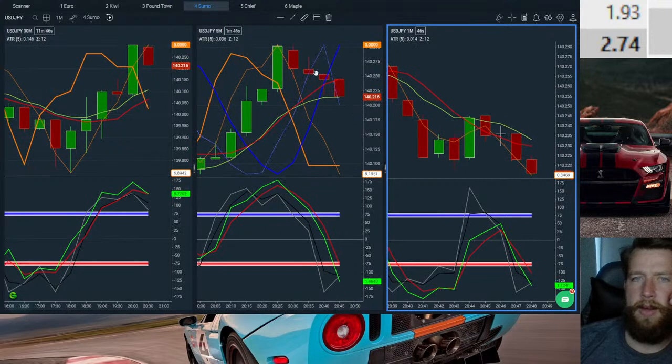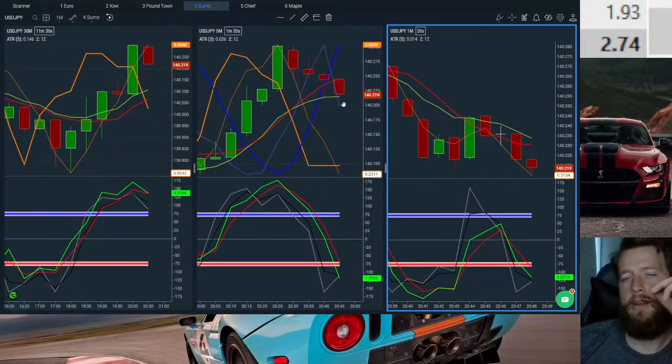What could happen here is we bounce off as a green line, or it continues to go down, posts underneath.